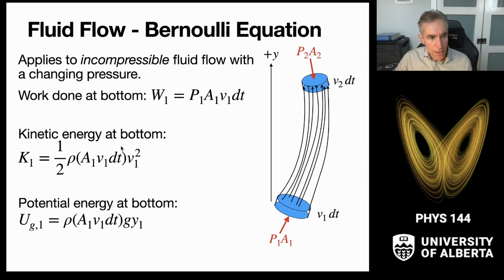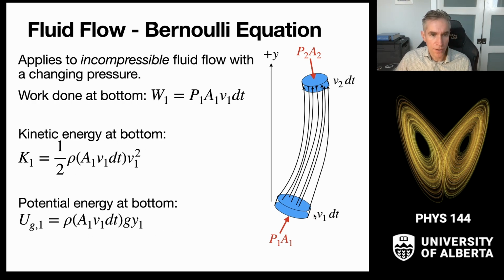The kinetic energy at the bottom of this flow is going to be 1/2 mv squared. And we know that our expression for mass is the density times the volume. The volume of that flow tube is the area times the thickness of it, which is v dt, times v1 squared. Okay, so that gives me kinetic energy.